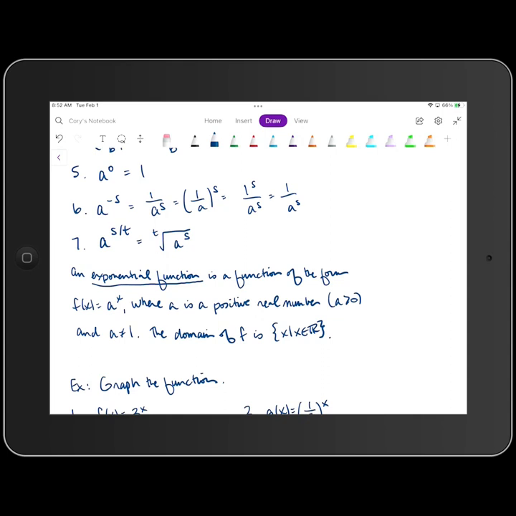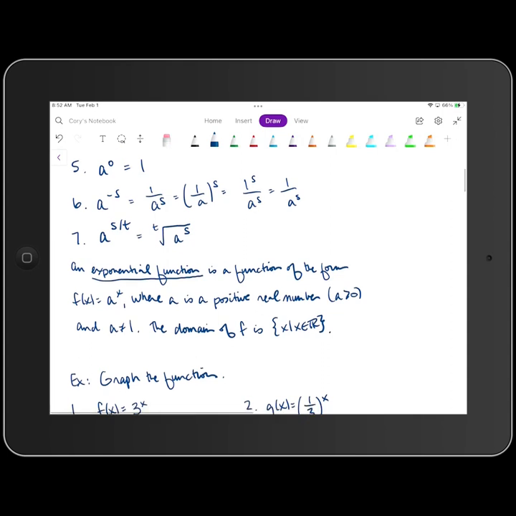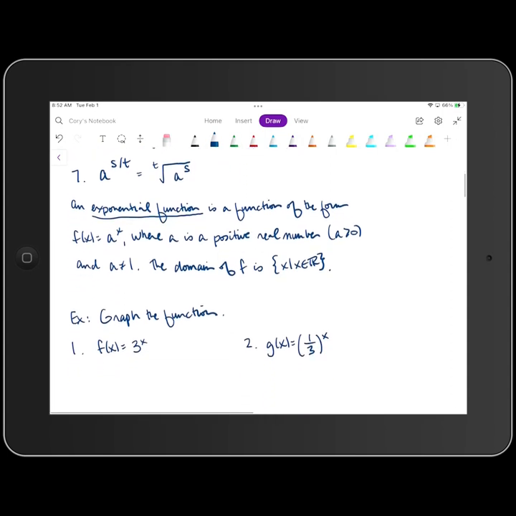And the domain of any exponential function is the set of x such that x is a real number. So we can input any number we want into an exponential function and it gives us a valid output.